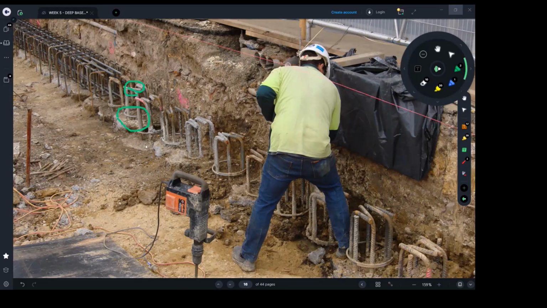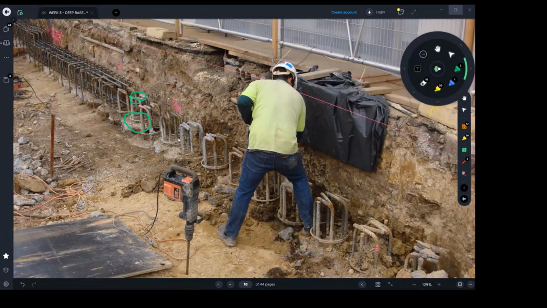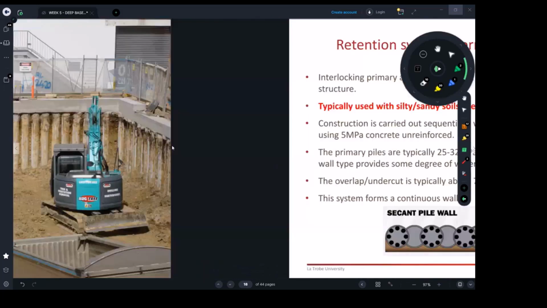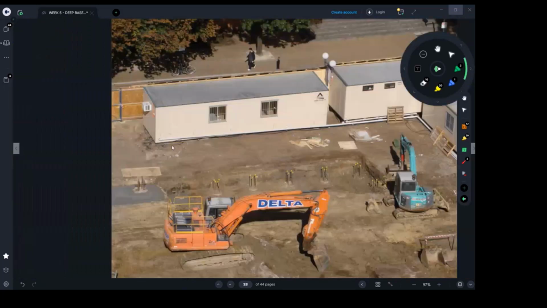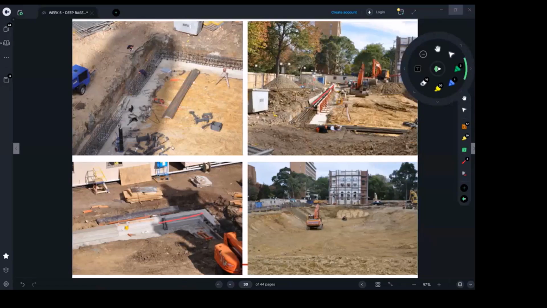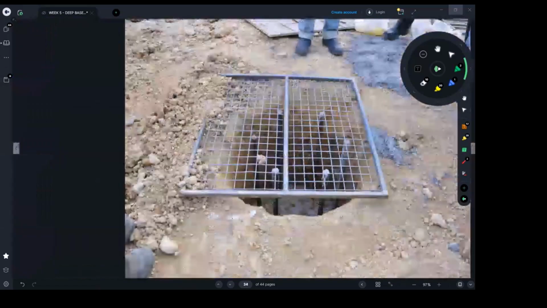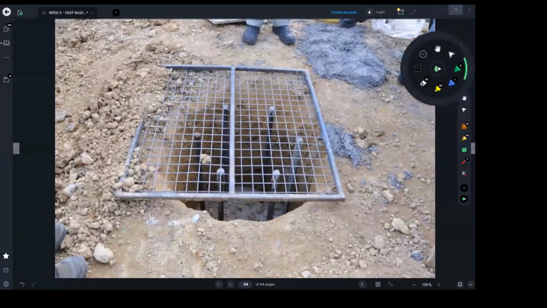When they poured the piles, if you see it from the top, is there a better picture to explain this? Ah, here we go. So instead of stopping the pour here, they stopped here, flush. And they were going to excavate later on for the trenches, and that was a killing mistake.